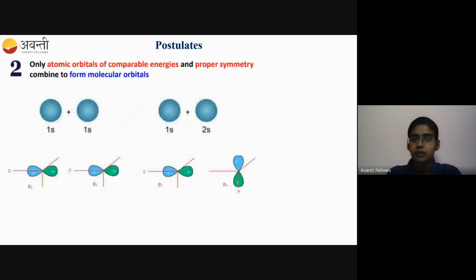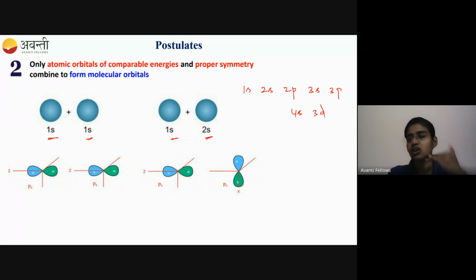Only atomic orbitals of comparable energy and proper symmetry combine to form molecular orbitals. So here you see, 1s combines with another 1s. 1s can form a bond with 2s. 2s can form a bond with 2p because the energy level follows this order: 1s, 2s, 2p, 3s, 3p, 4s, 3d.